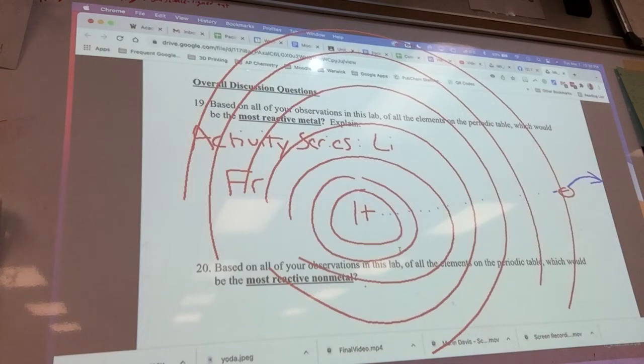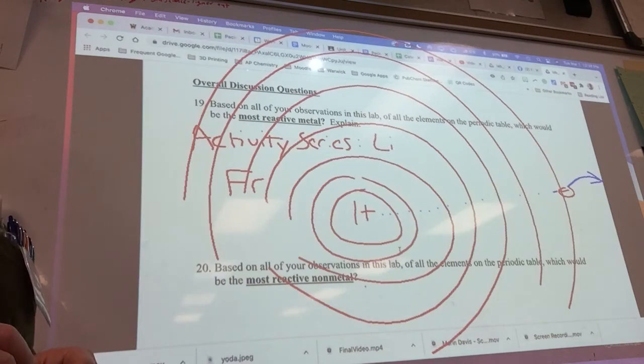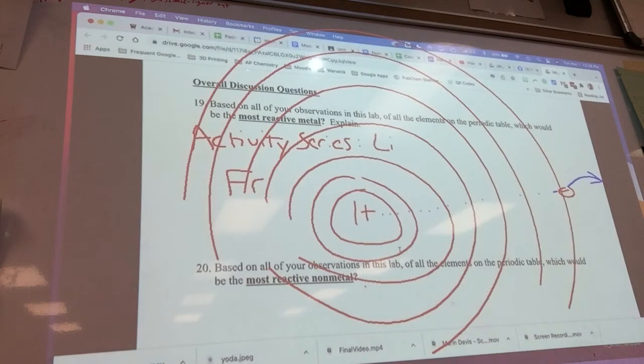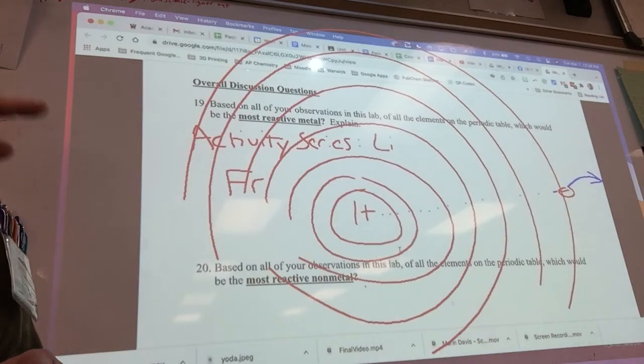Sawyer? Potassium. Okay. I can think of maybe 2 more things that would be even more reactive than potassium. Cesium and rubidium. So rubidium would probably be even more reactive than potassium, and I would guess cesium would be even more reactive than that.